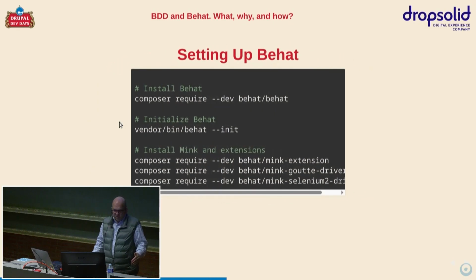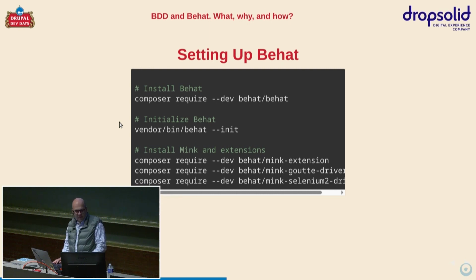Before we continue to the feature context, installation of Behat is quite easy if you use Composer. And you have a Drupal installation, so you use Composer anyway. So you just require it with Composer, in most situations with --dev.